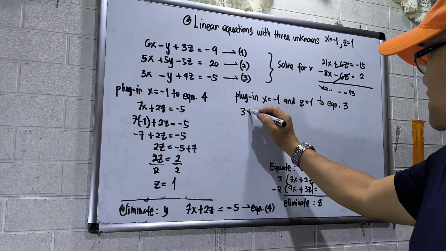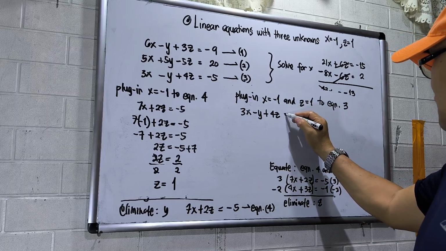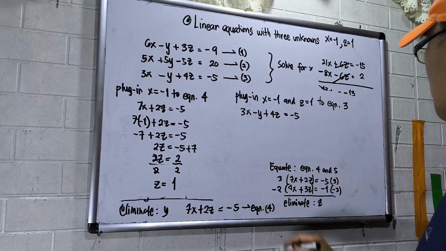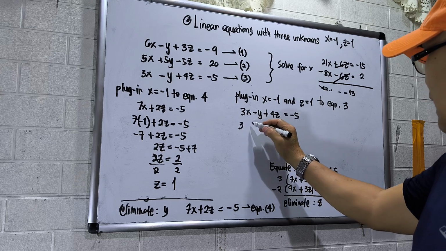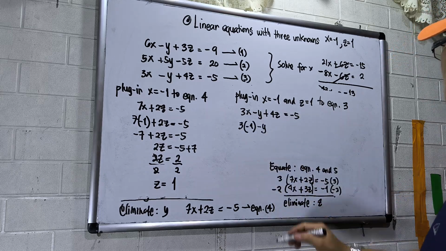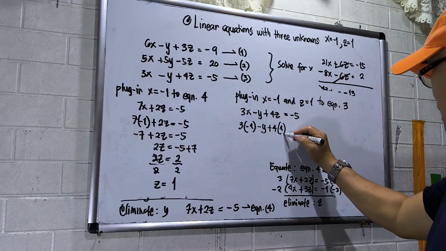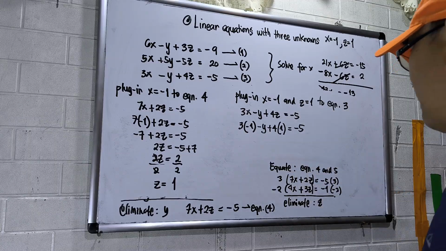So equation 3 is 3x minus y plus 4z is equal to negative 5. So 3 times negative 1, then minus y plus 4 times z, which is 1, is equal to negative 5.